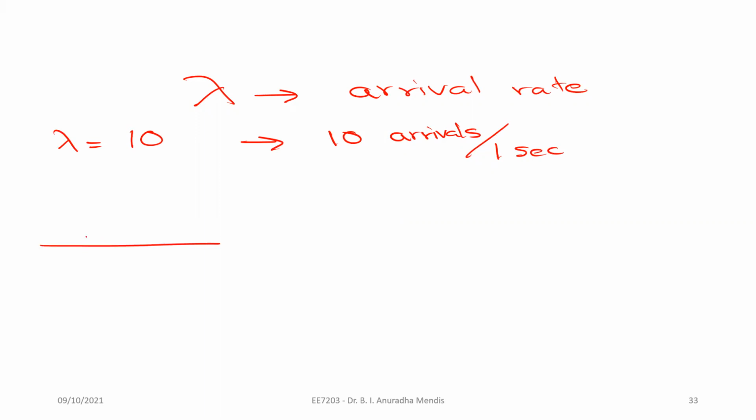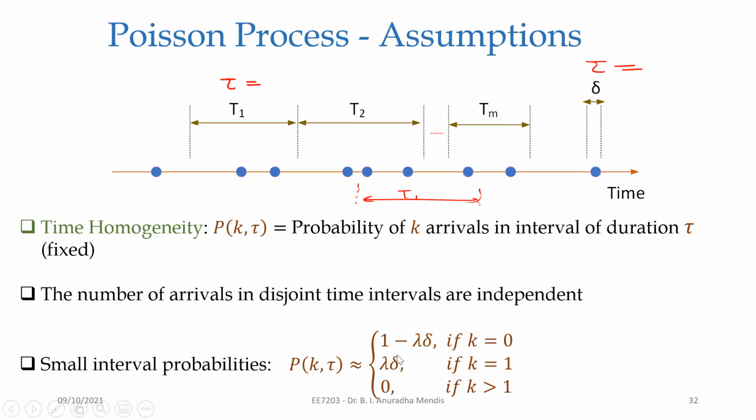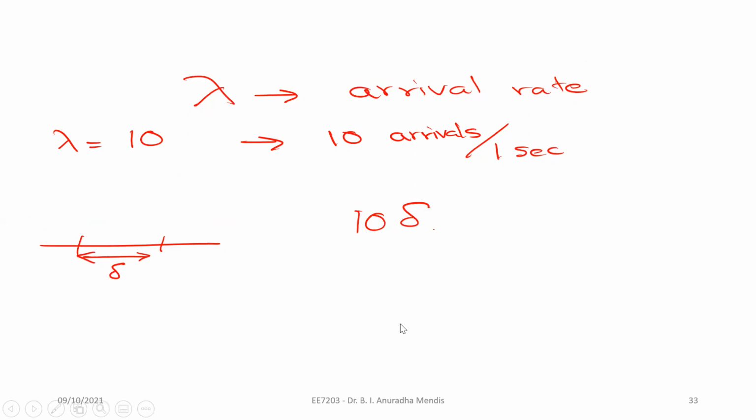So if in the time axis you have delta time, how many arrivals will come here? For 1 second, it is 10. Then for delta second, it should be 10 times delta, no? That means lambda times delta. So during this delta time, the arrivals can happen lambda times t.